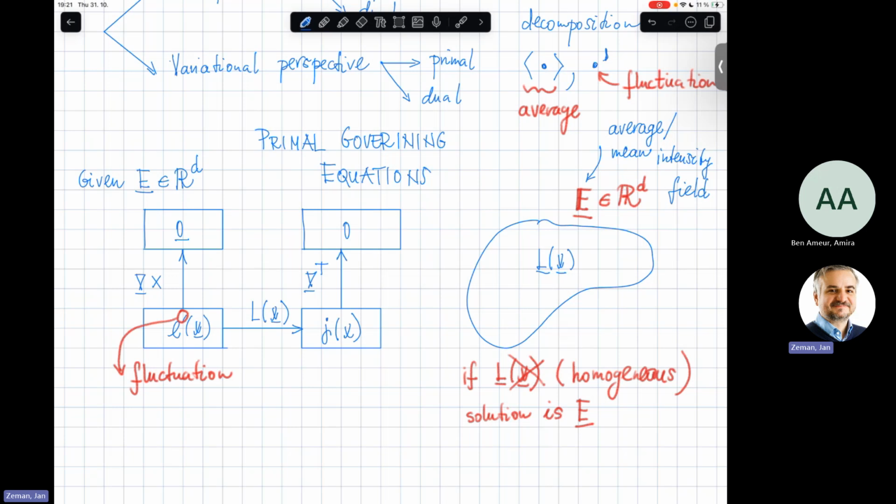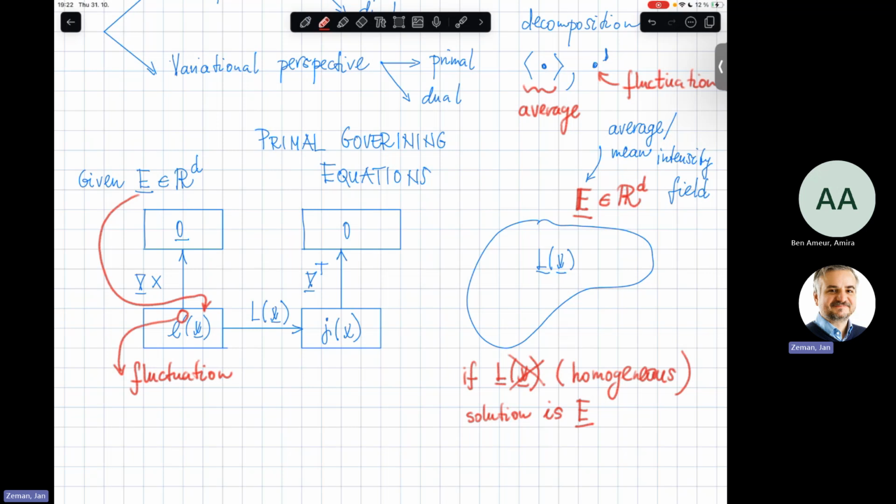The only thing which I need to take into account is that in order to get the equation right, I need to add this constant value of this prescribed or given gradient field to the fluctuation for which I'm searching.